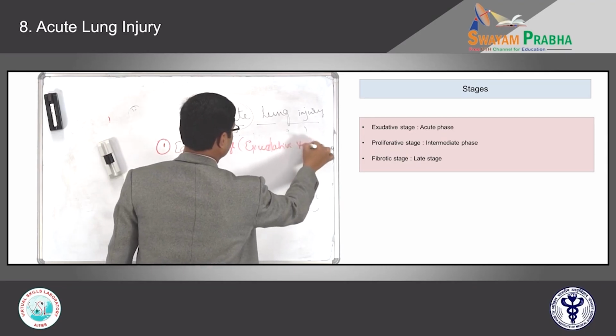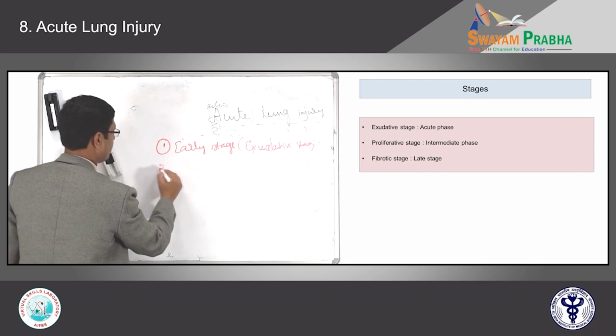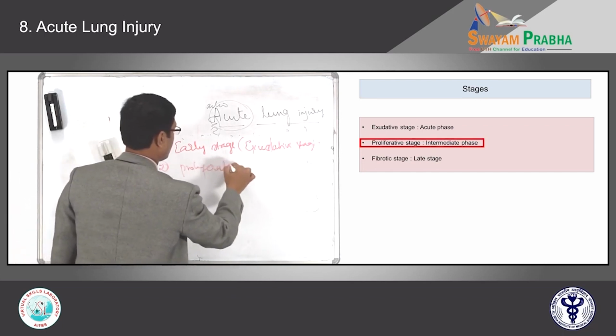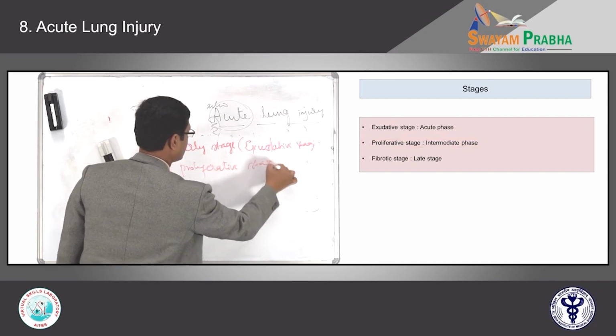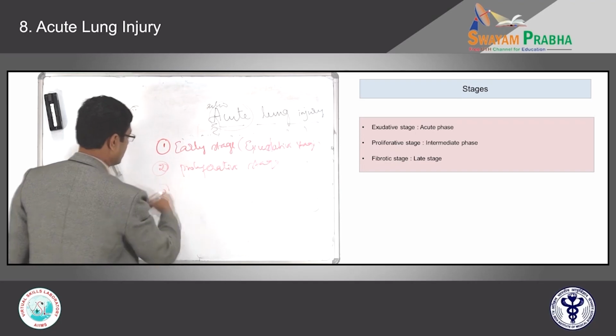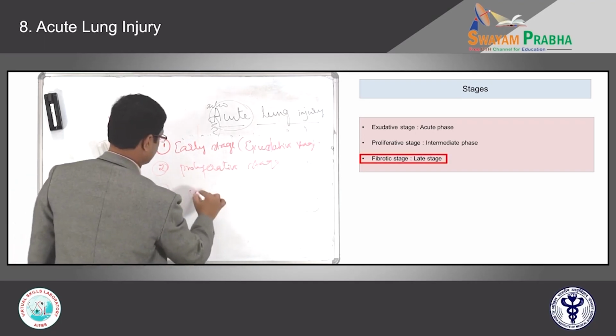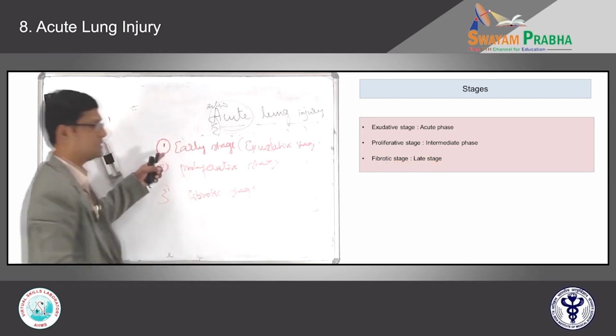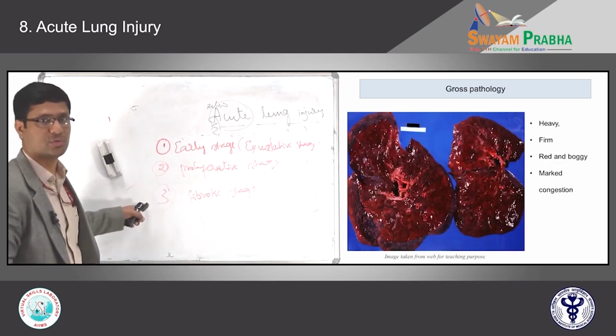Then you have the proliferative stage, which is actually the intermediate stage, and you have the fibrotic stage. This depends on the duration of the disease process.